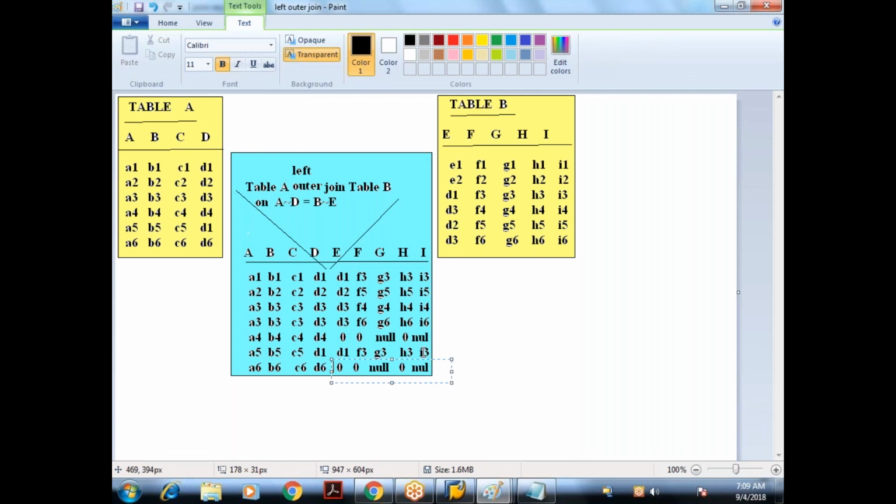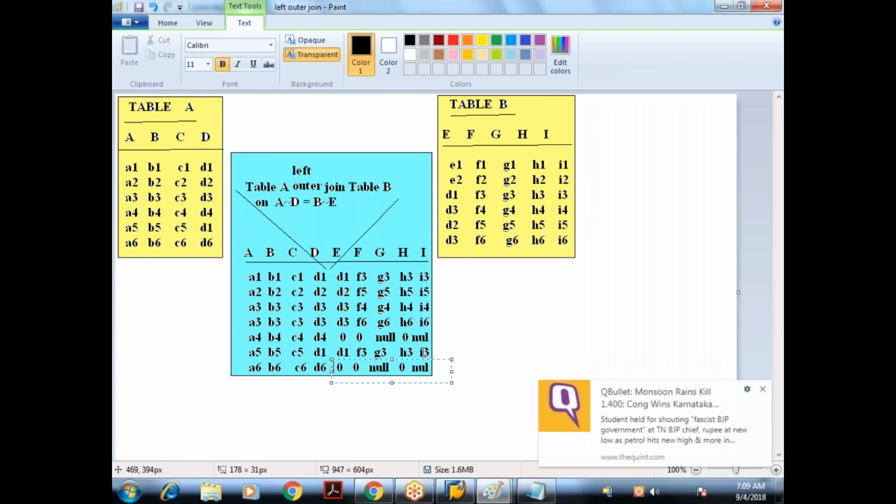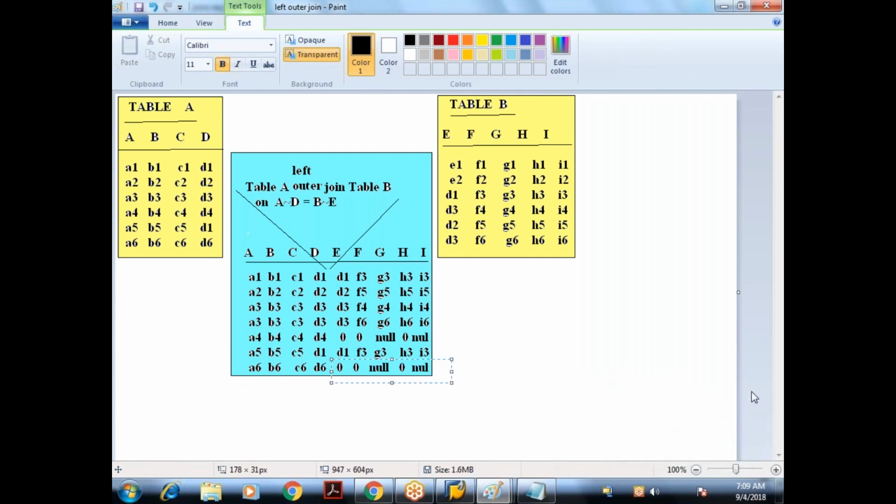If there is any matching row in the right hand side, it will pick up those combinations one after the other. Even if there is no matching row, the right hand side column values will be filled with default values: numeric data types to zeros and character data types to space.